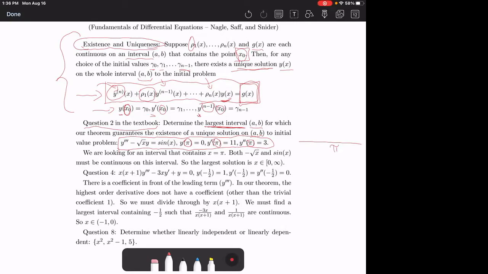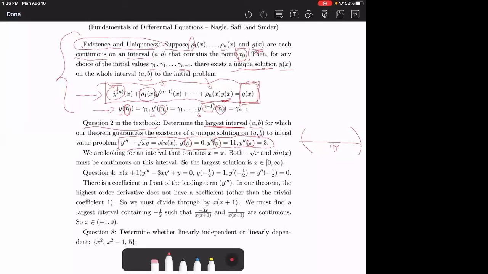So we've got pi here, and we just want to know how big the interval is that can be guaranteed by our theorem. So what it says is, suppose that rho 1 through rho sub n and g of x are each continuous on the interval a to b. And that's really the only statement that's necessary. We just want to find the interval on which all of these functions are continuous.